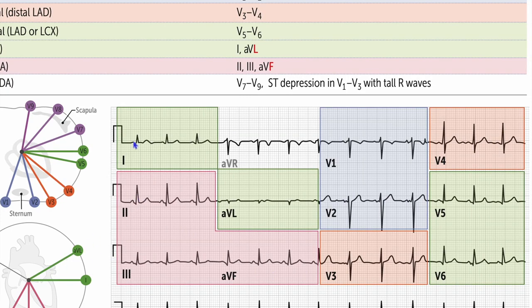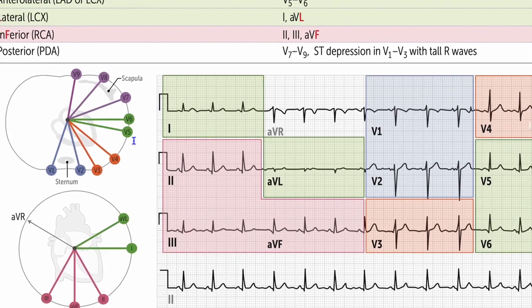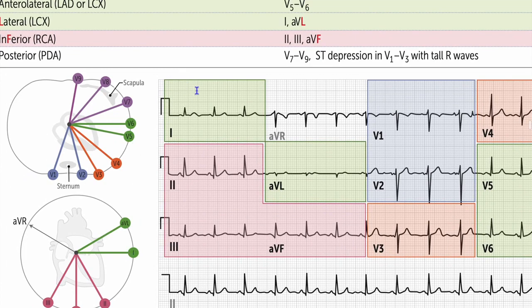Then you have the first one, right? So that's this side. So first, second, third is right there. This is all your inferior side, because aVF is involved. So II, III, and aVF are going to be inferior.